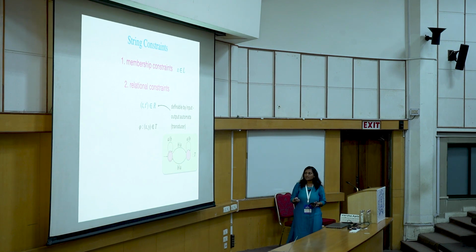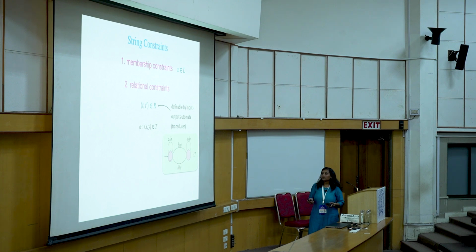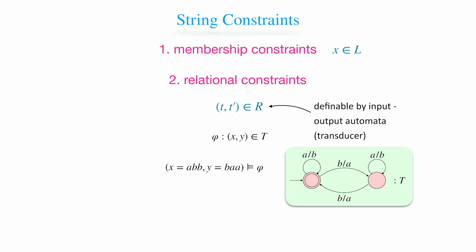So this is a simple transducer. Suppose our constraint is (x, y) belongs to this transducer. When we evaluate the assignment for x and run it through T, we get the valuation of y. A sample valuation is given here: if x is abb, y will be baa.